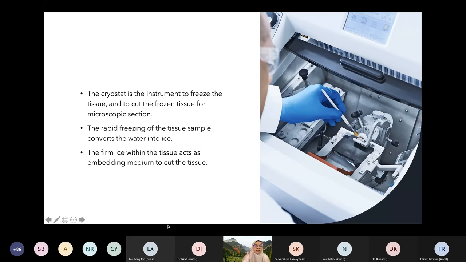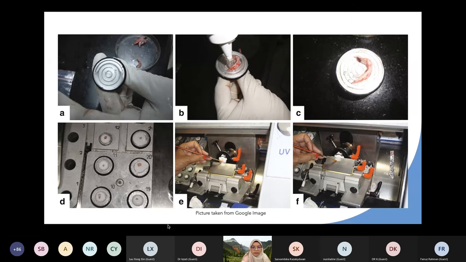How do we process frozen sections? So we use a cryostat, which is an instrument to freeze the tissue and keep it frozen while we cut the sections. Rapid freezing of the tissue sample will convert the water in the tissue into ice, and the firm ice within the tissue acts as embedding medium while we're cutting the tissue. This picture illustrates how we do frozen sections.